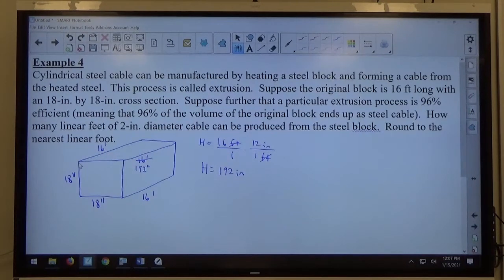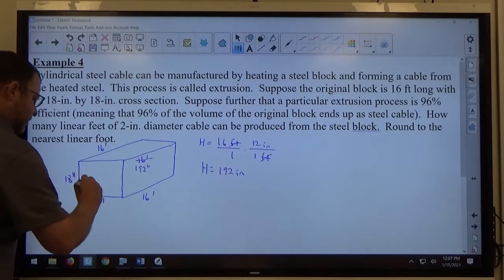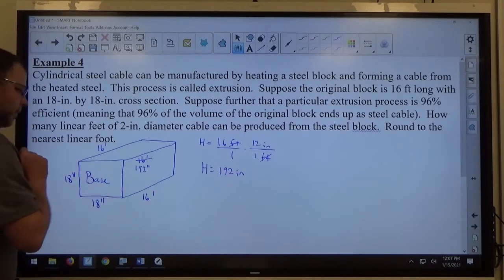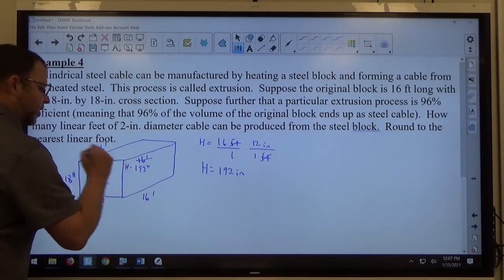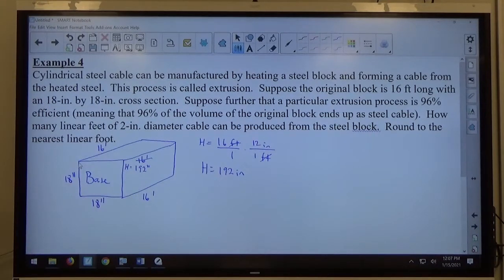Right? So if I'm looking at this as a three-dimensional model, the base is this square and the height is 192 inches. And we know the volume of a rectangular solid from the previous chapter is the area of the base times the height. So in this case, the area of the base is 18 squared, 18 times 18, which comes out to 324 square inches.